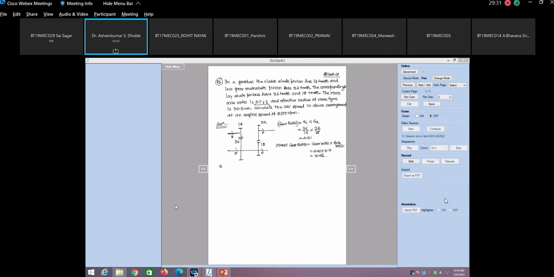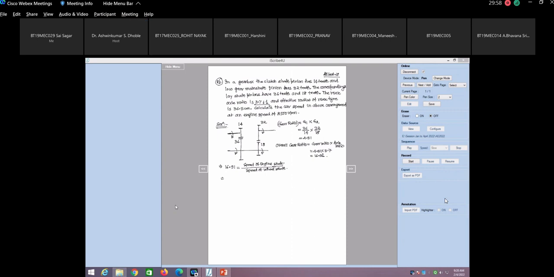Now this 16.91 is equal to the speed of engine shaft divided by speed of wheel shaft.